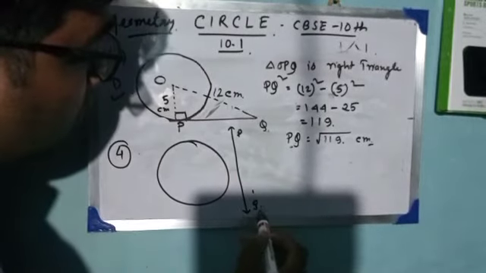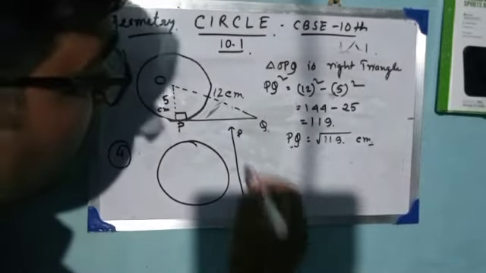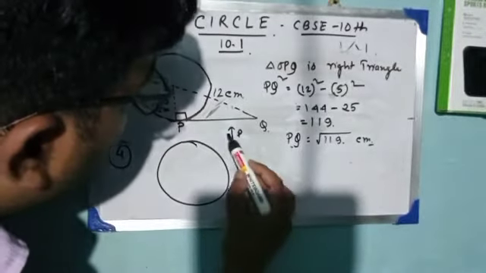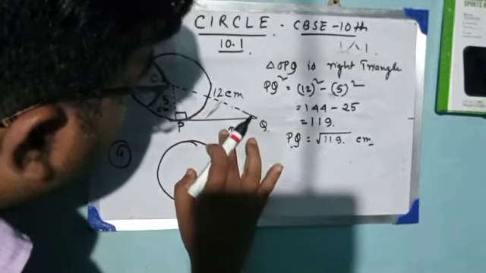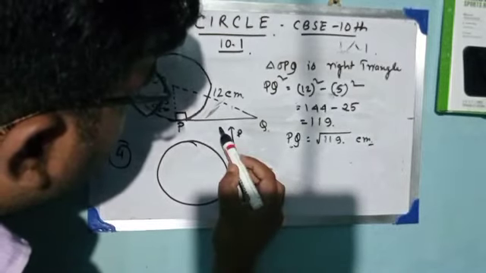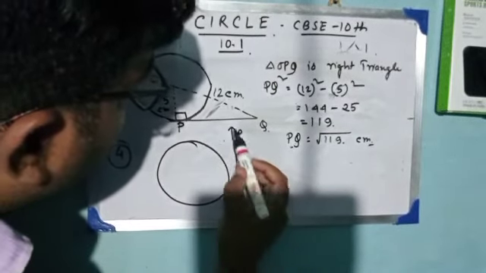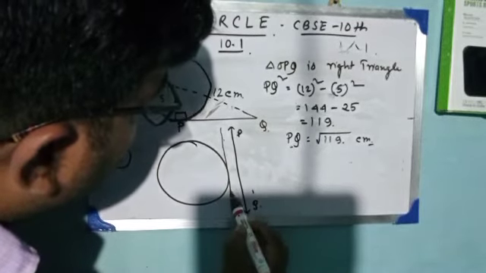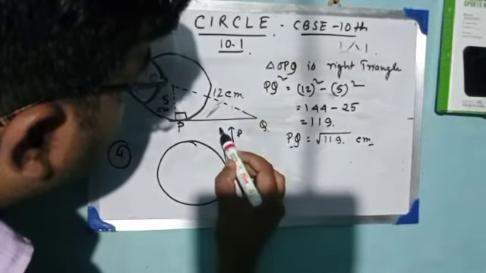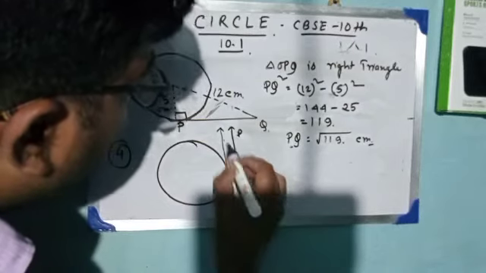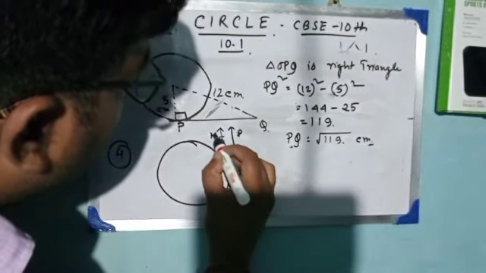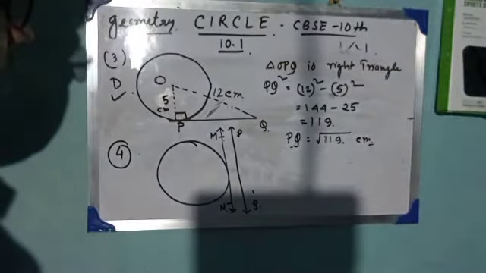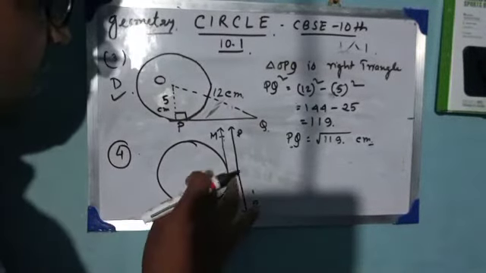Parallel to this PQ, we have to draw another line segment which is tangent to the circle. If I name it MN, then MN is parallel to PQ and tangent to the circle.